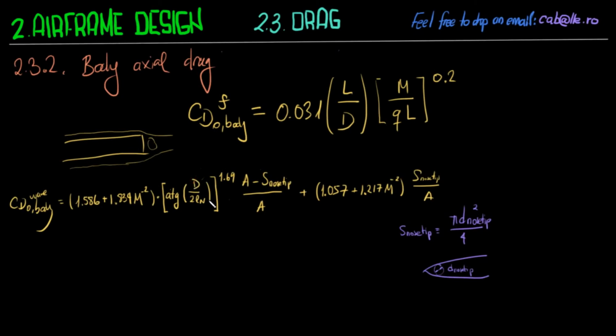Ln, you know from the previous section, the length of the nose, reference area. You have a new term here, the surface of the nose tip, and reference area, Mach over 0.2 minus 2. So the area of the nose tip, we define it as the area referring to the diameter of the nose tip.